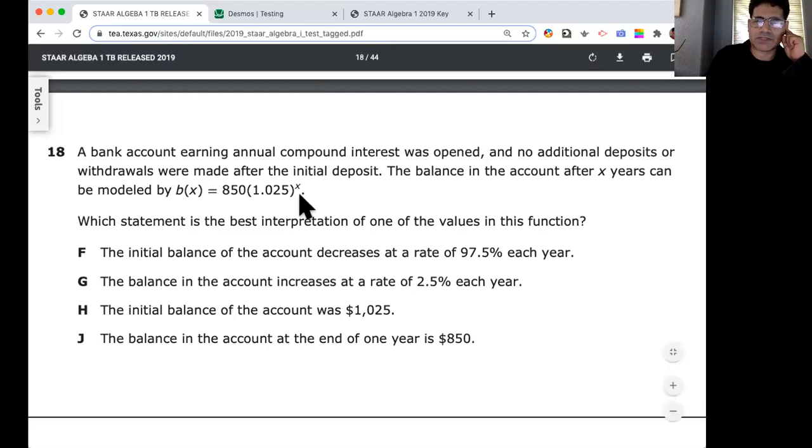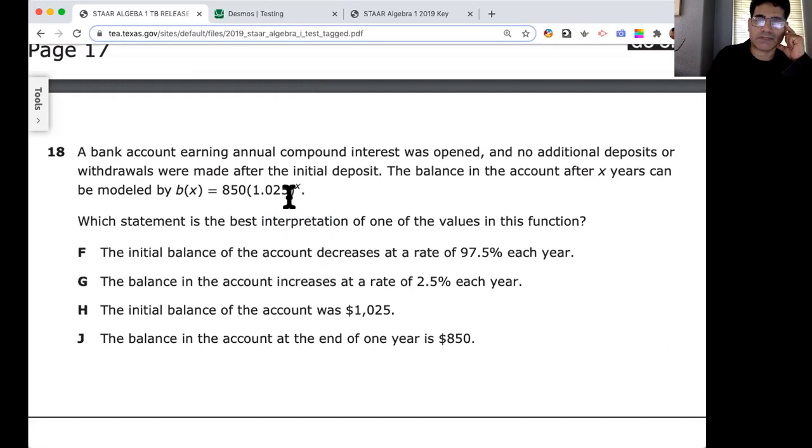Let's read the question again. Well, okay, so let's see. Which statement is the best interpretation of one of the values? Okay, interpretation. So interpretation means this.